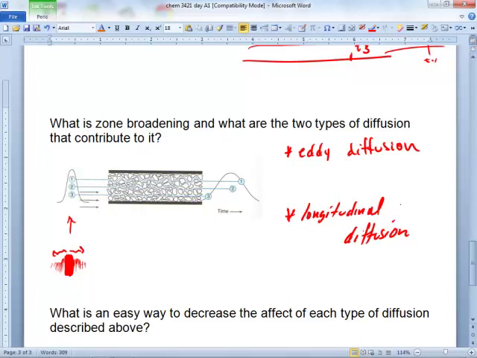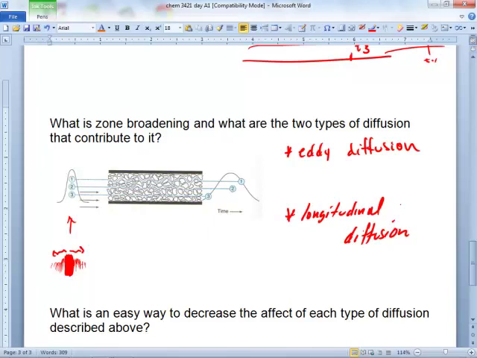It's going to decrease it. But it's not going to decrease the amount of longitudinal diffusion. Well, this longitudinal diffusion is just a consequence of being the most concentrated in the middle and less on the sides.